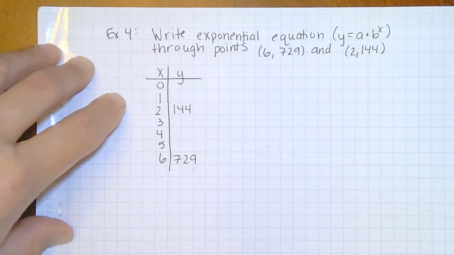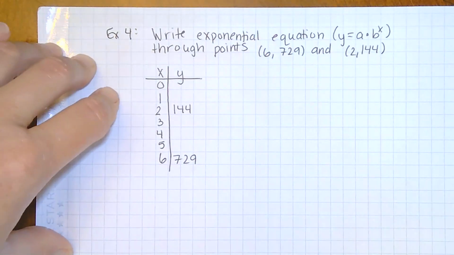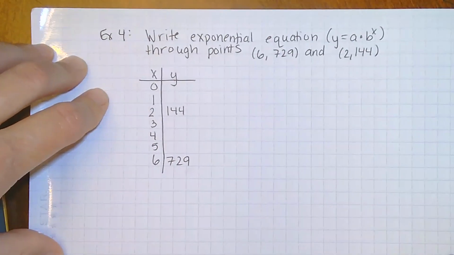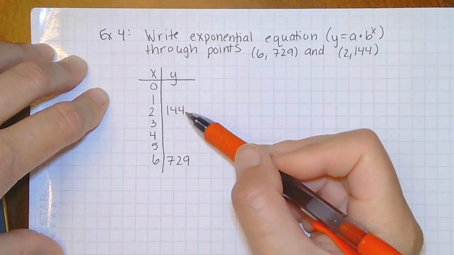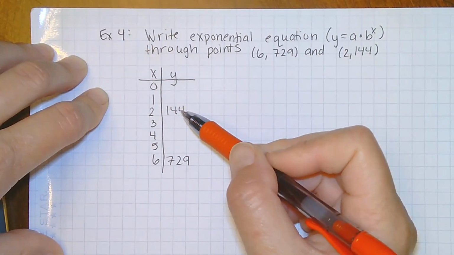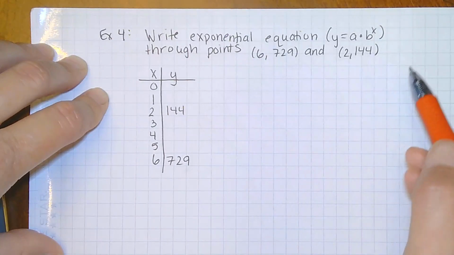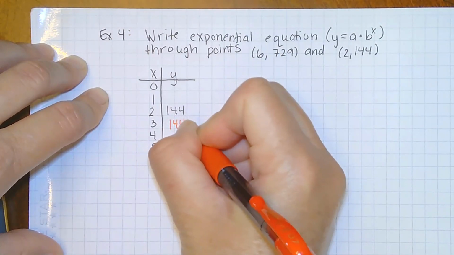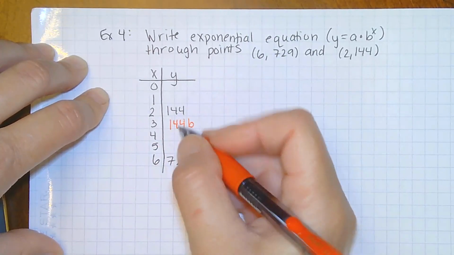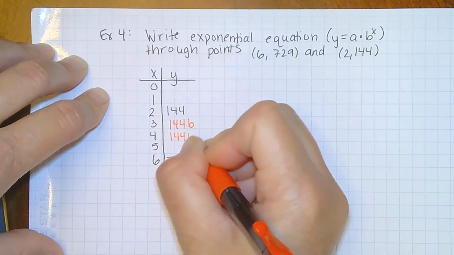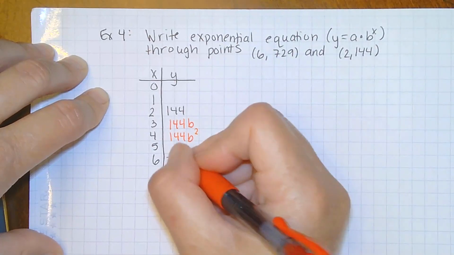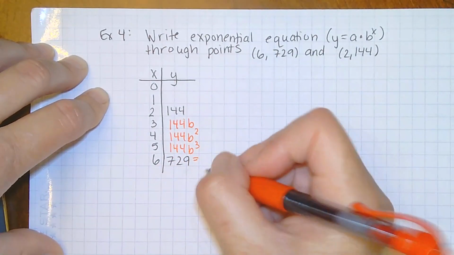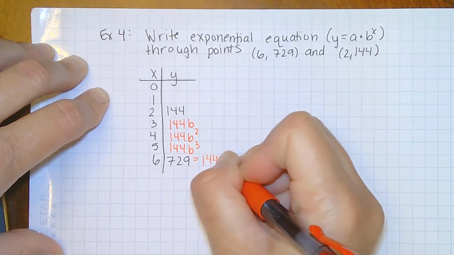So in this case I don't know my a, so I'm not going to find my a first. I'm going to find my b first. I'm going to start with the one I know, which is 144, and I know I'm going to be multiplying it by something. I'm going to be multiplying it by b. So it's going to be 144b, times that by b again, 144b squared, times that by b, 144b to the 3rd, times that by b, 144b to the 4th.